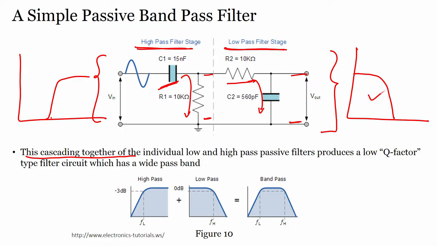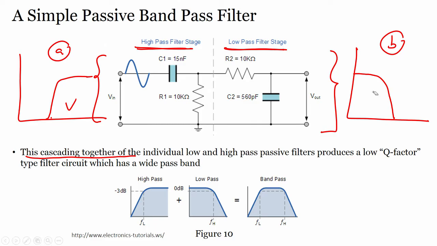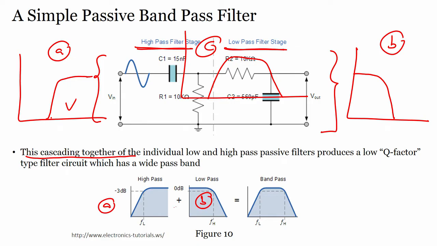So, if I join plot A of the high pass filter and plot B of the low pass filter, I will have a plot which looks like this, which is my plot C, right. So, this is what is shown here. You see high pass A, low pass B, we integrate it, we join it, it becomes C, which is band pass. This is what we are doing here, right.